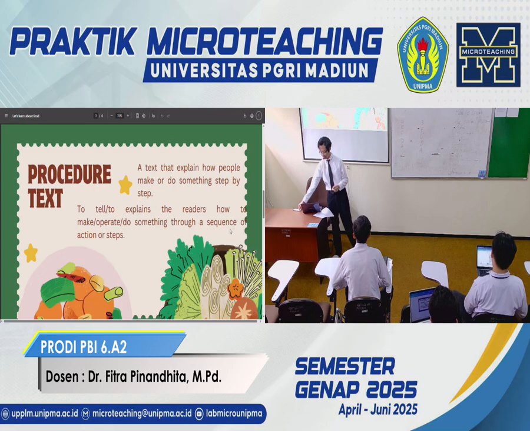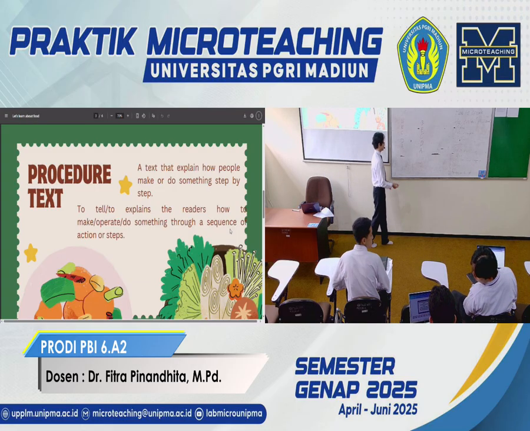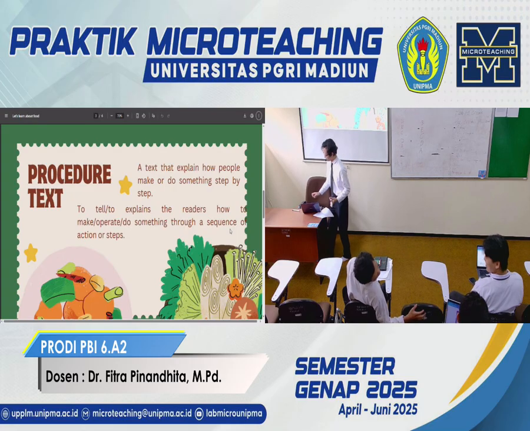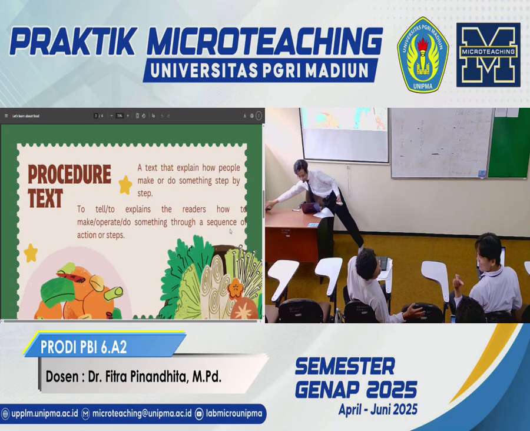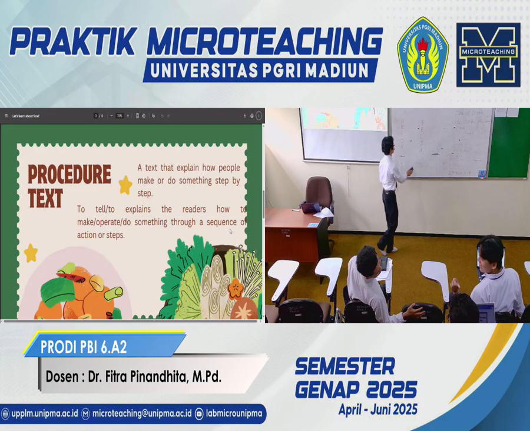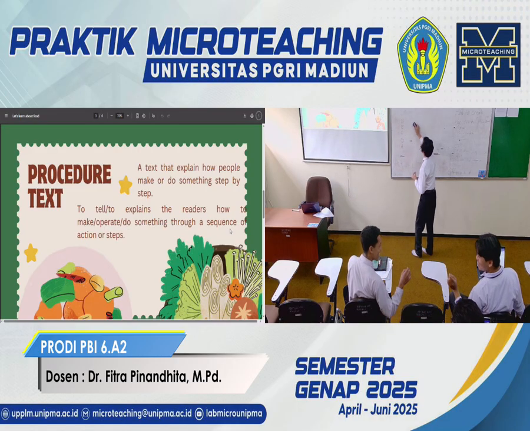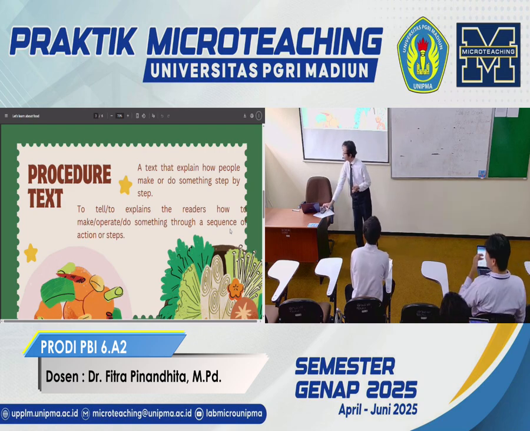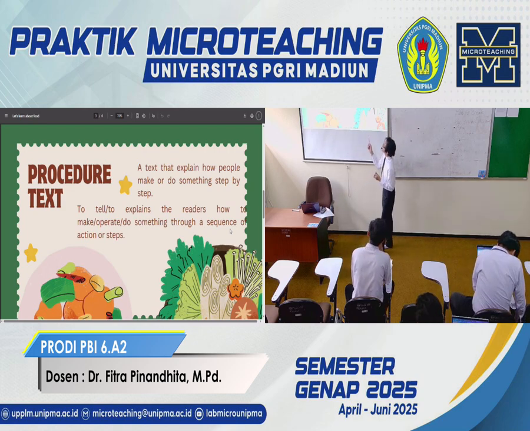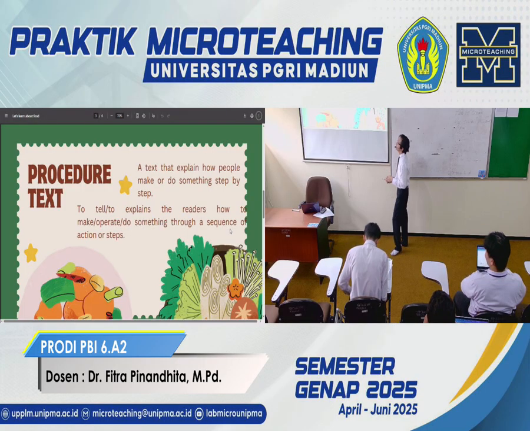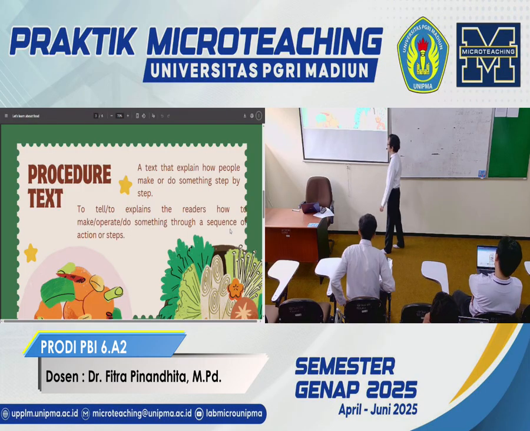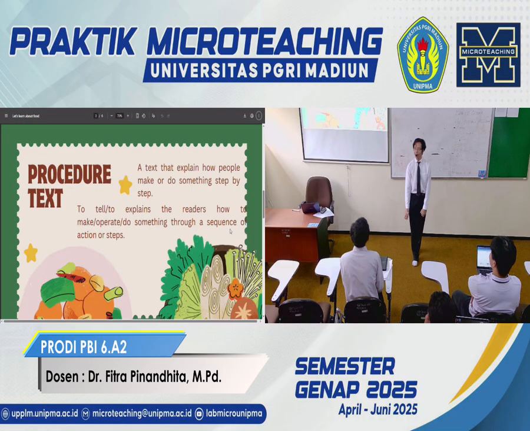So, procedure text is text that explains how to do something step by step. The purpose of procedure text is to tell or to explain to the readers how to make, operate, or do something through a sequence of actions or steps.